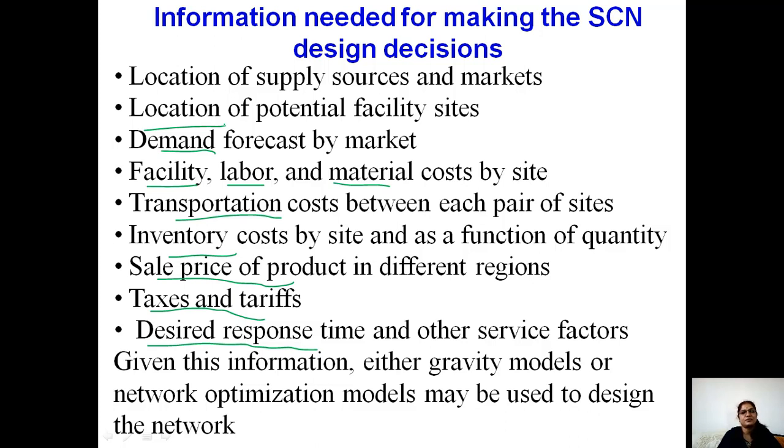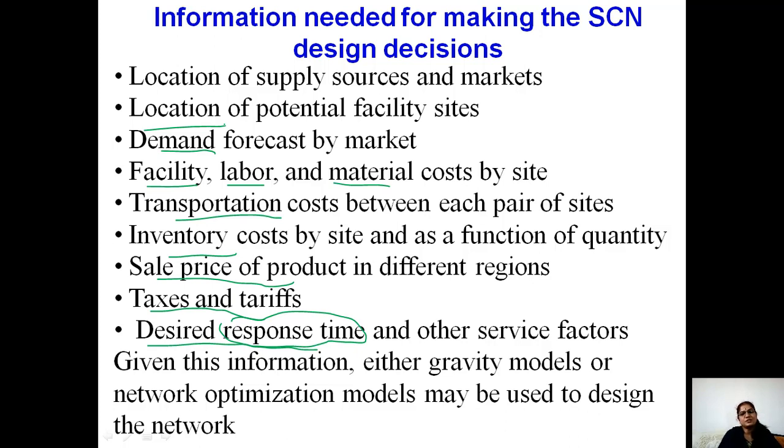Responsiveness is different from response time. Response time is connected to the customer, from placing the order till he gets the product in his hands. The time elapsed in between is called response time. So a responsive supply chain usually supports a faster response time. Faster response time is one of the characteristic features of a responsive supply chain.